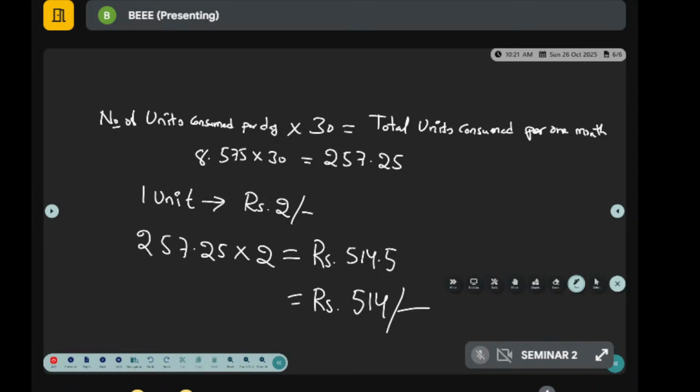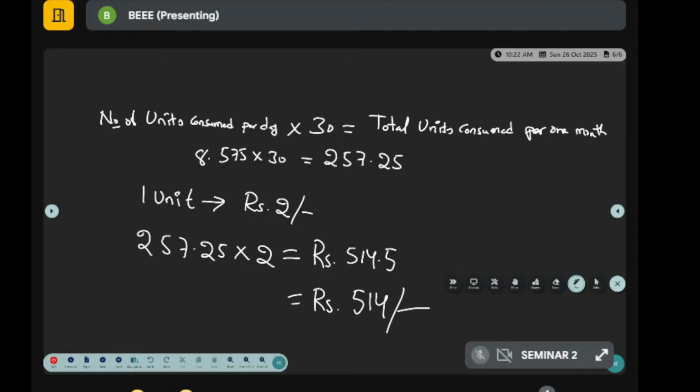So did you observe the electrical bill? Only this amount is available. What will they add for this rupees? This is the amount generally we get with respect to the number of units consumed.